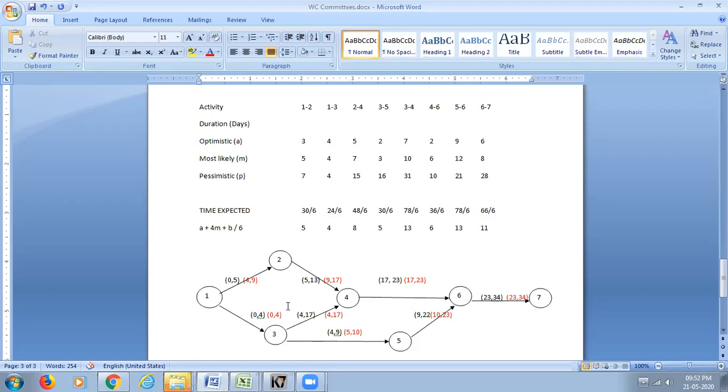Right. If you check the earliest starting time, earliest finishing time, the latest starting time and latest finishing time, if the time matches, you already know it is the critical activity, which means 1 to 3 is a critical activity.